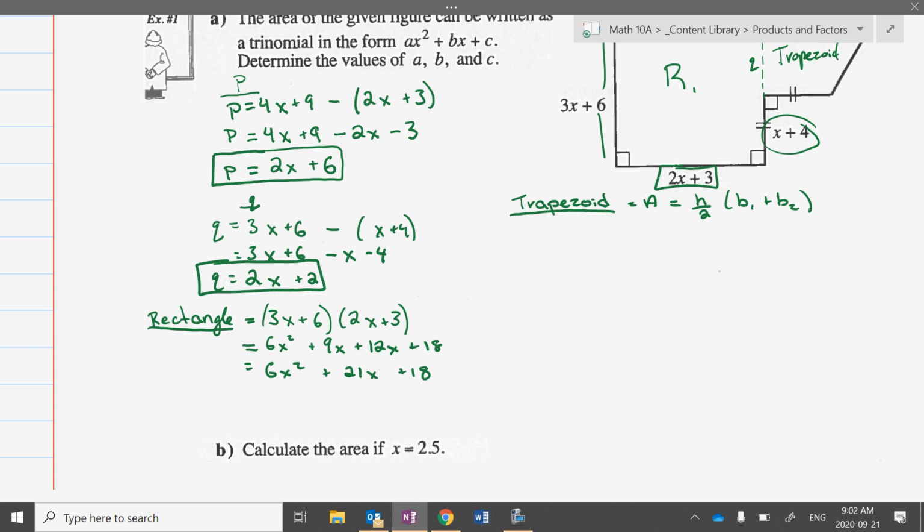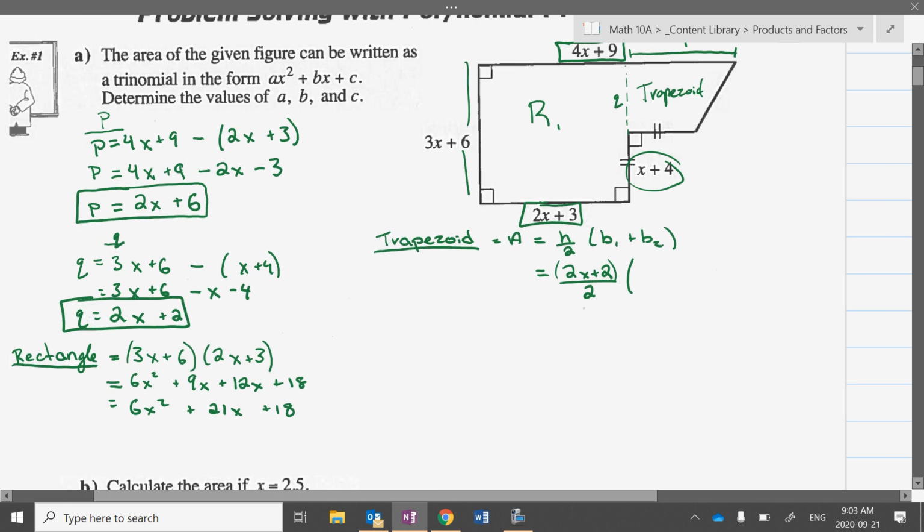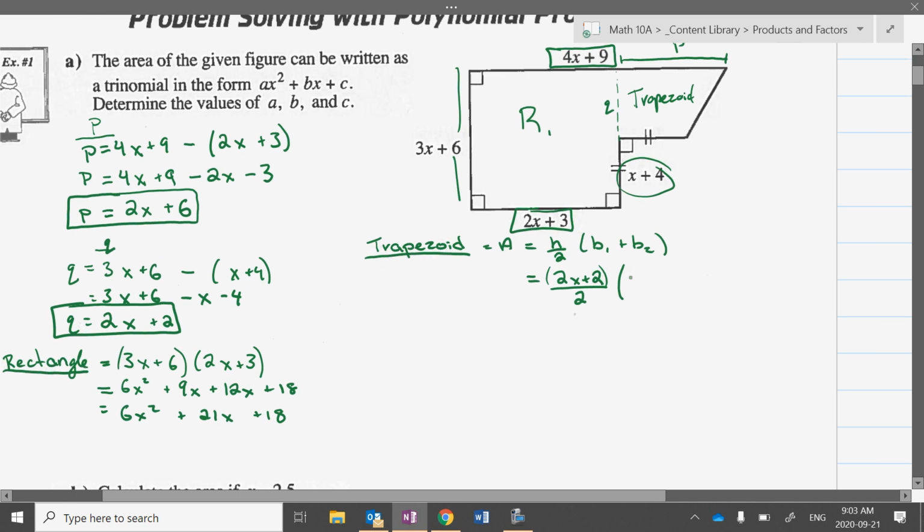So the height of this guy is our side Q, which is 2x plus 2. That piece will be divided by 2. Side P is going to be one of our bases, so we get our 2x plus 6 plus, and these little ticks mean both of these are x plus 4.